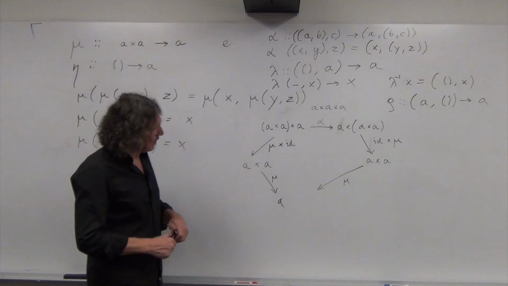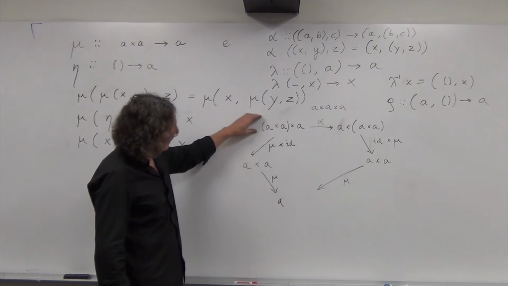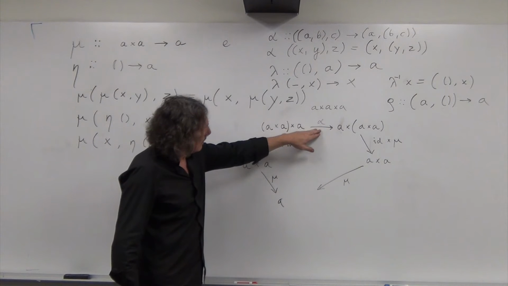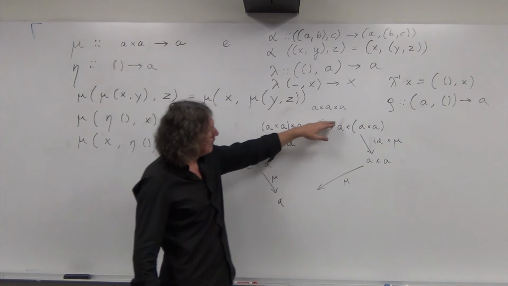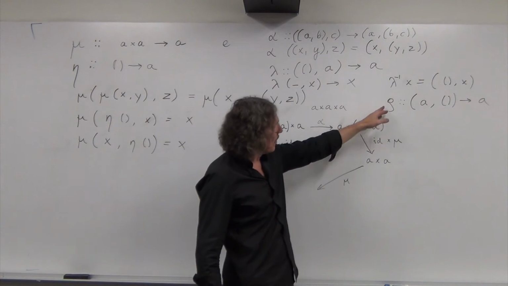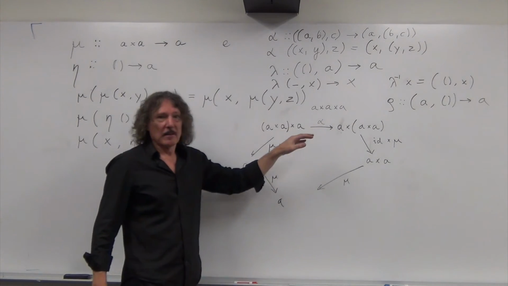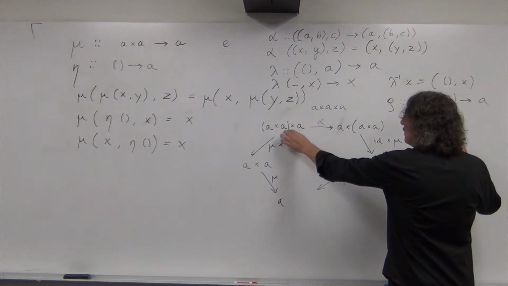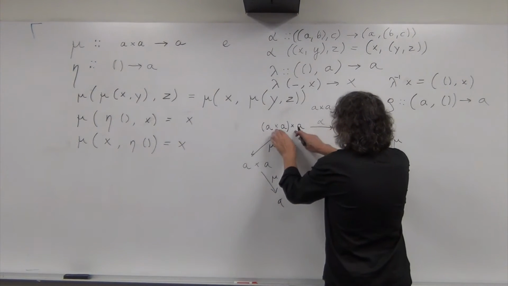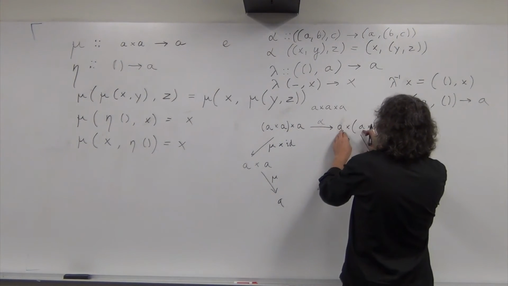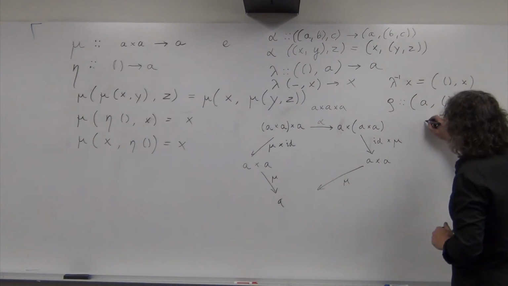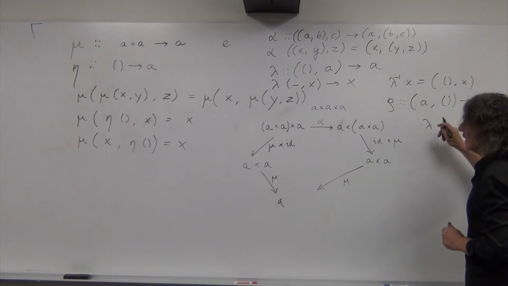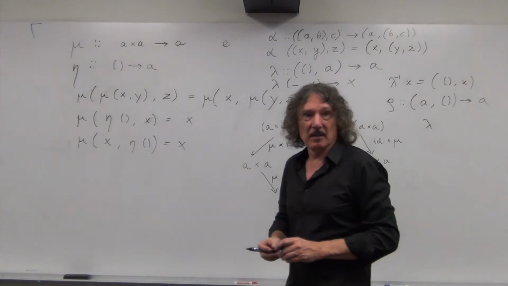So in general, if we have a category in which we have this kind of alpha, lambda, and rho, and these laws that say there is an isomorphism between A cross B cross C associated in different ways, we call it a monoidal category.